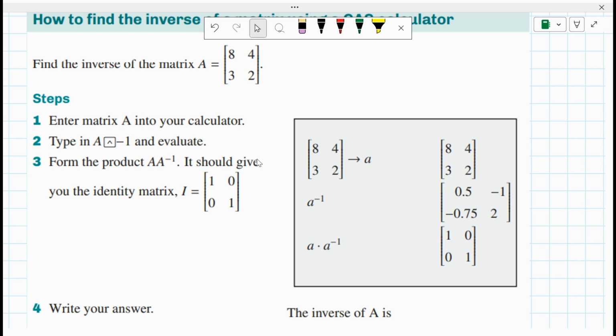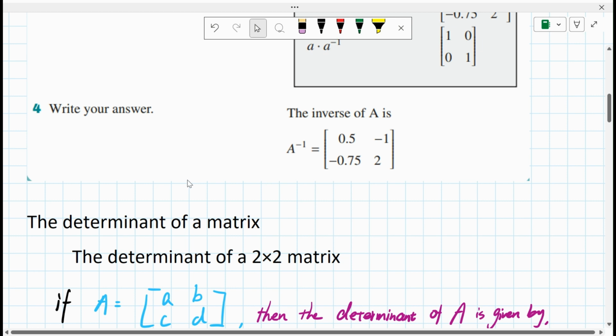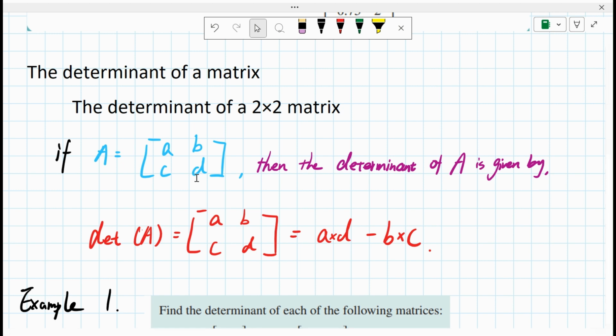You can also double check with A times A to the power of -1, and you will still find the identity matrix.